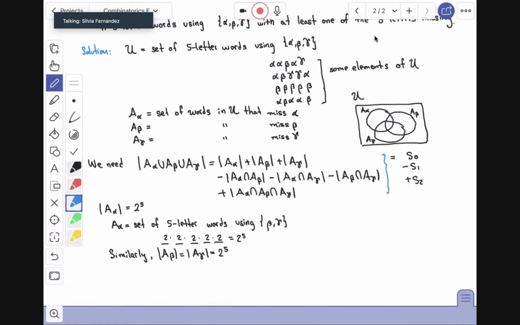Each row has S0, not S0, sorry, S1, 1, 2, and 3. And so from here, I just get that S1 is the cardinality of A alpha plus A beta plus A gamma, which is just 3 times 2 to the 5th.